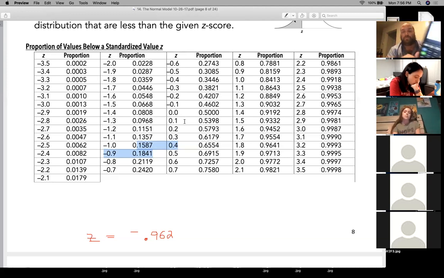The mean is 65, so I put in 65. The deviation is 2.6, so I put in 2.6. Then I hit enter, and it gives me that value, 0.168140738.